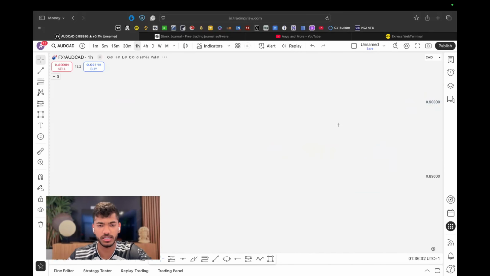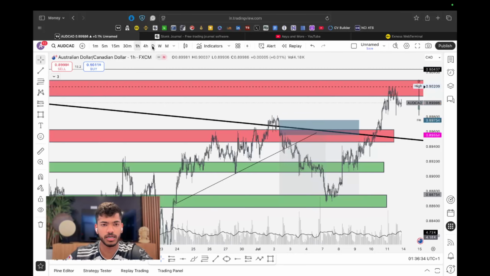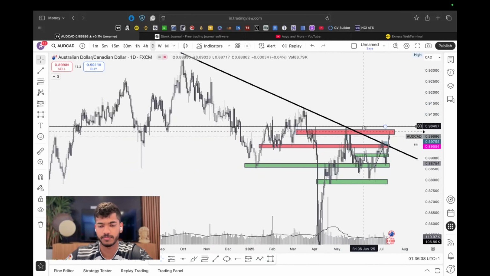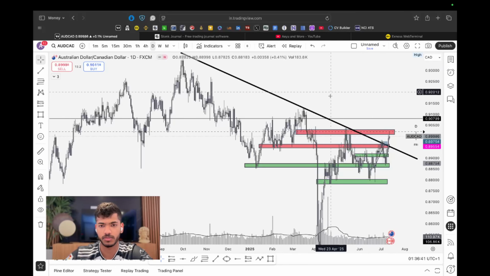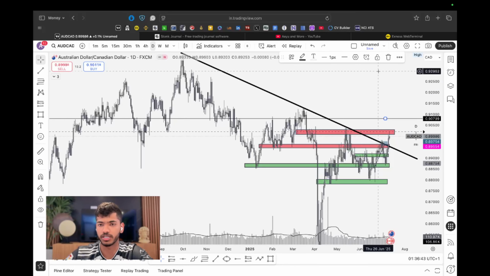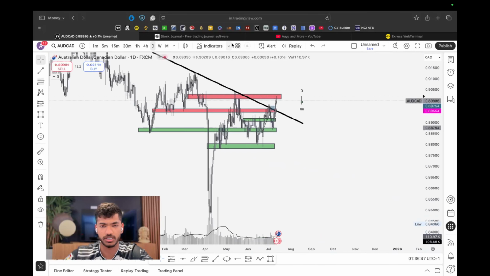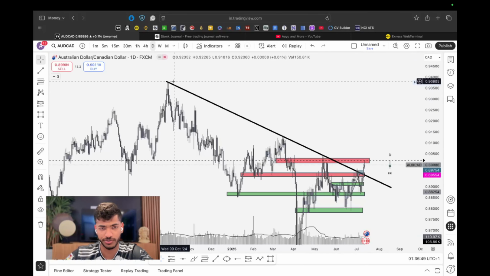As you can see, let's go first to the daily time frame, and I'll just delete this, and you can see this beautiful counter trend line.